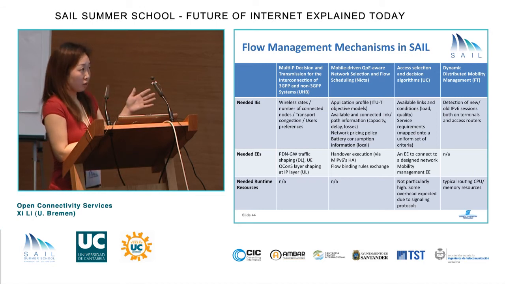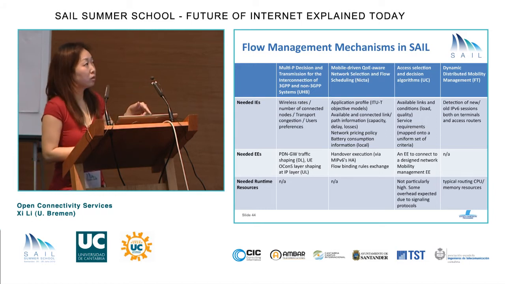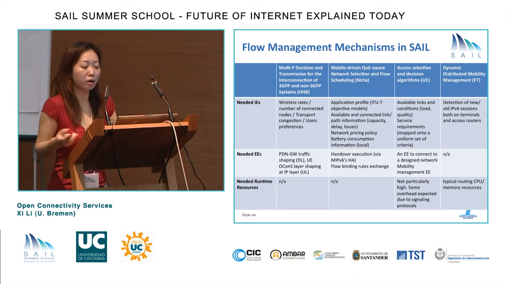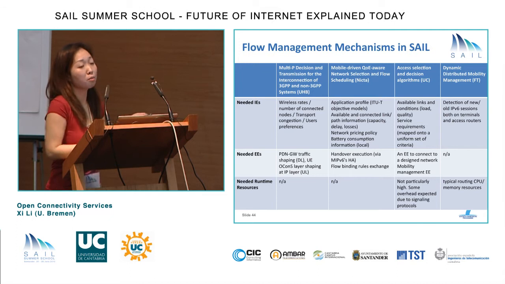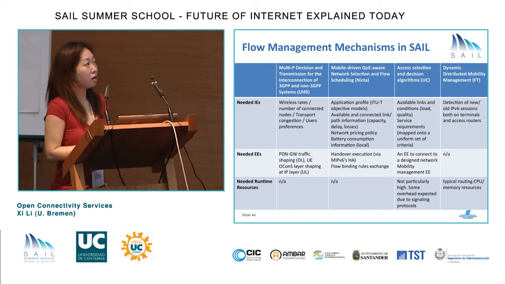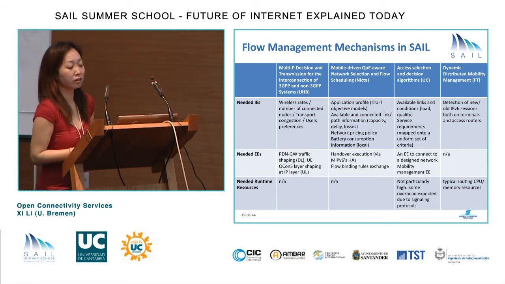That means at the first step, we use this approach to do the selection of the access network, and afterwards we have these selected networks and deal with the problem of how we utilize them, that is, how we distribute the application flows over these selected networks. So this is an example of how we can combine these 2 mechanisms together.